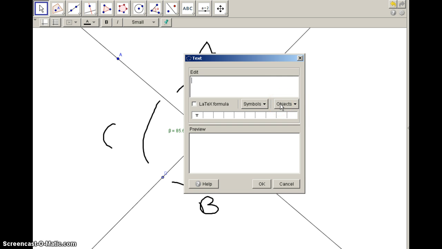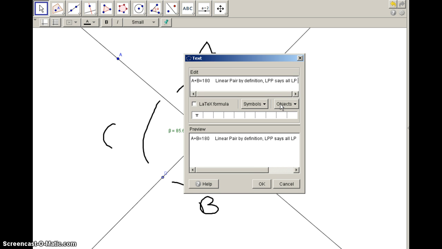If I said angle A plus angle B equals 180 degrees, we could agree that's true. And the reason that's true is because they are a linear pair by definition, right? And the linear pair postulate says all linear pairs are supplementary, right?